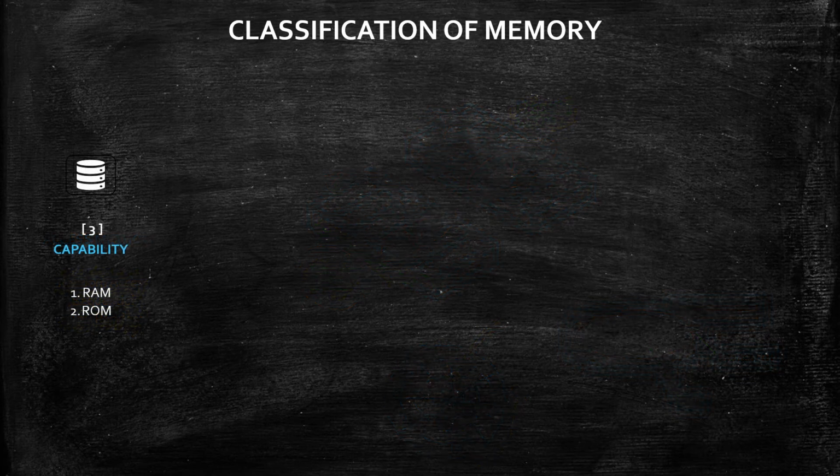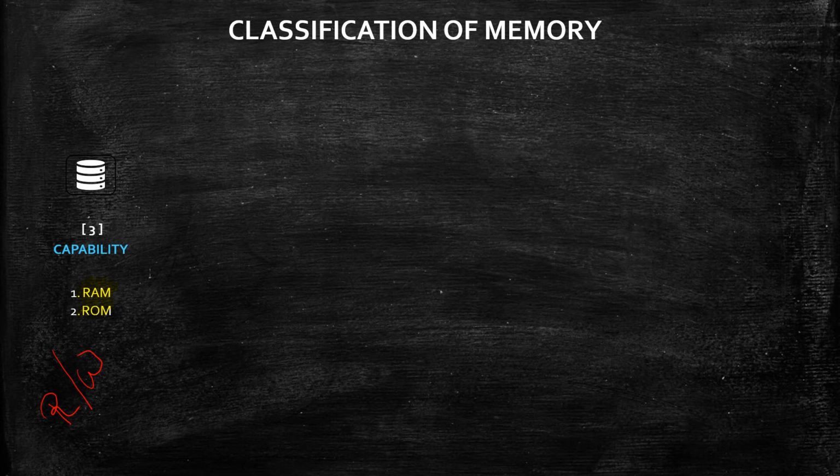Okay, so the third classification is based on the capability. Based on the capability, we can consider two memories in total, RAM and ROM. See, what happens when you work with the memory? Either you can perform the read operation or you can perform the write operation, right?